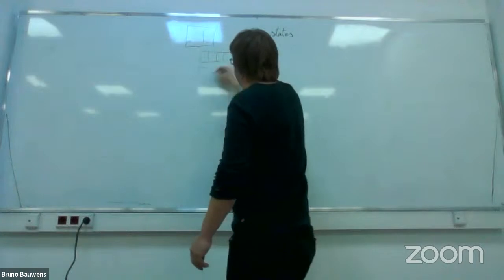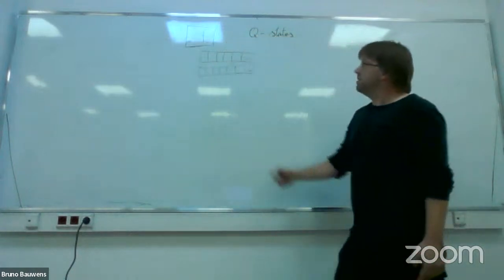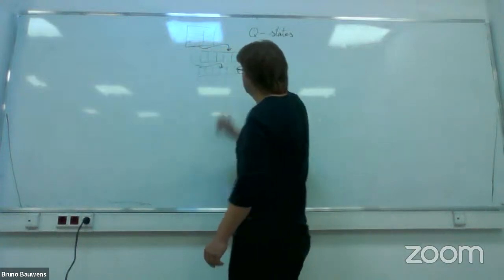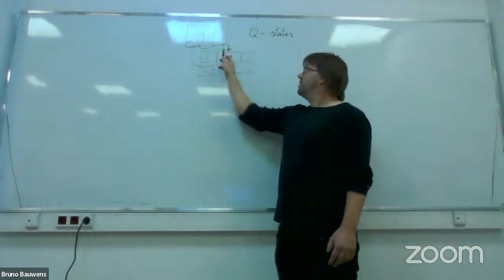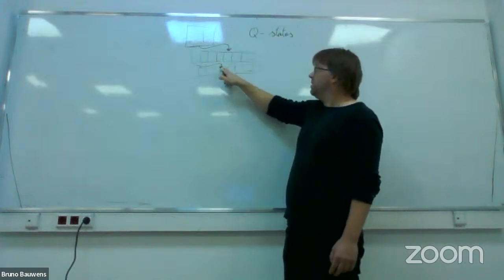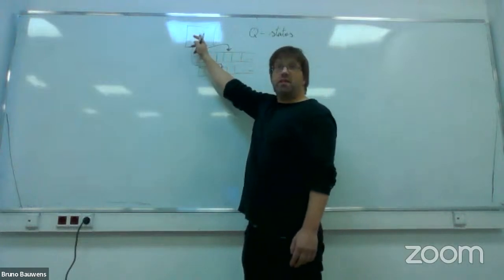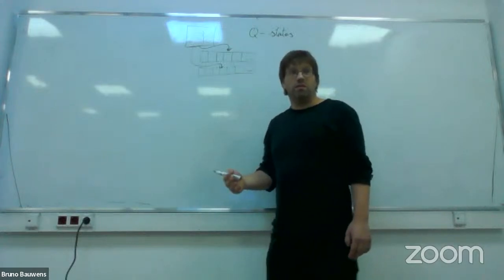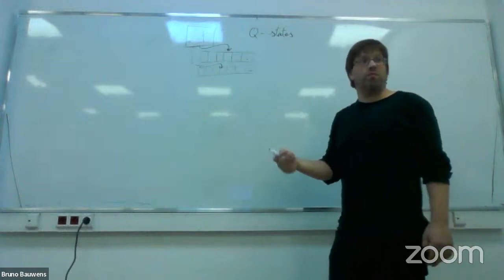So there are tapes, and every tape has a read-write head. The head is above a cell of the tape, and at each computation step, all the heads read what is in the cell. Then, depending on the state, there is a write and move operation. So one elementary step is read, write, move.